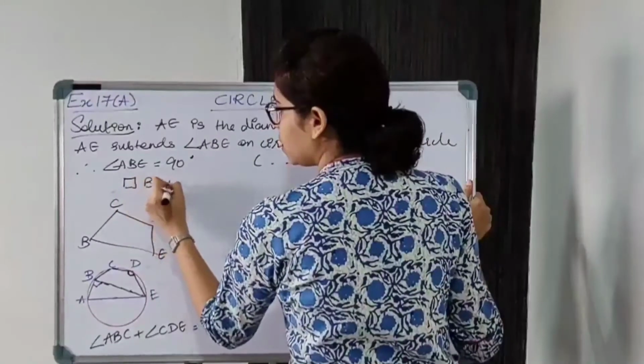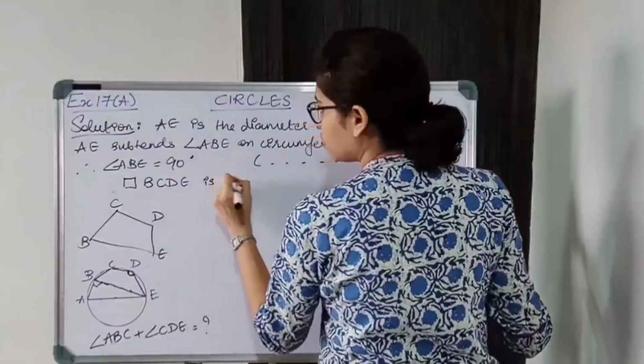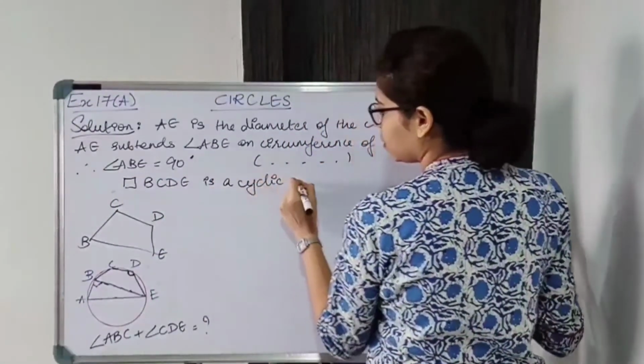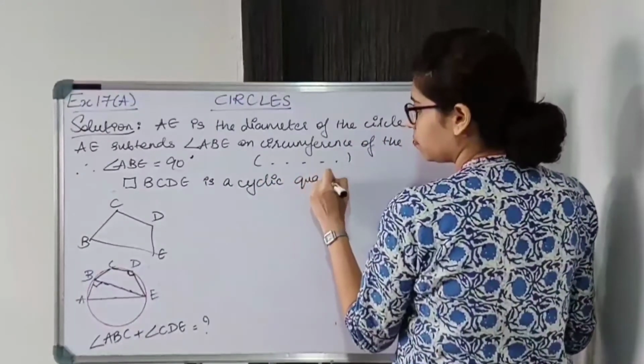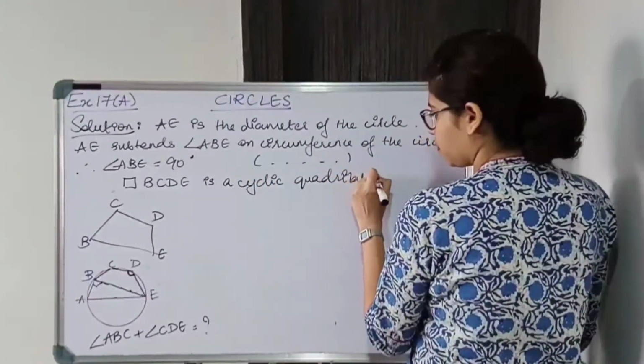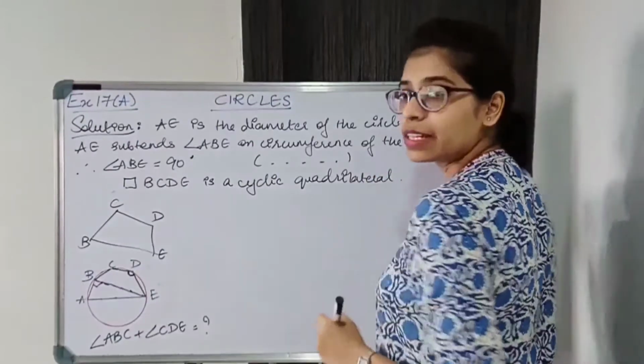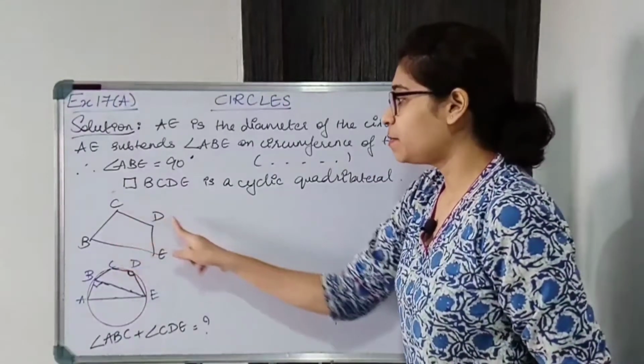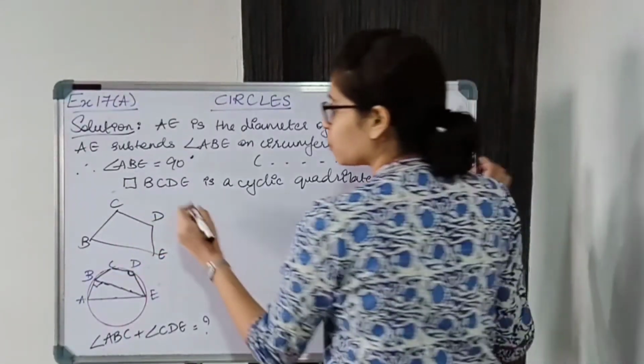Quadrilateral BCDE is a cyclic quadrilateral, since points B, C, D, E are lying on the circumference of the circle.